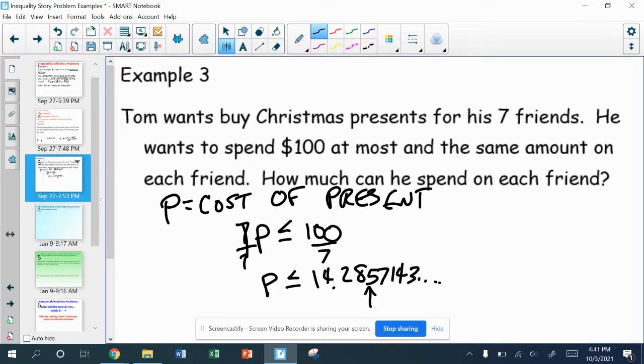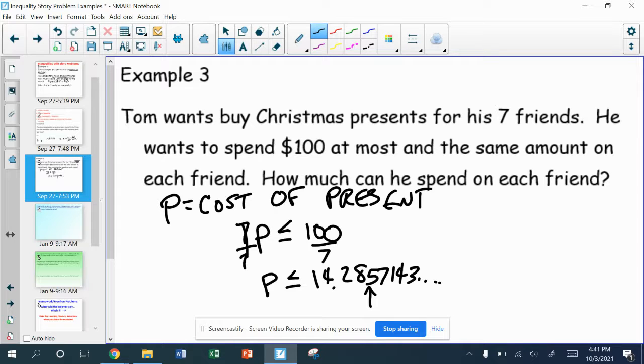However, he doesn't have enough money to round up on all of those gifts. So $14.29 would actually cost too much because, again, handy dandy calculator, $14.29 times 7 people is $100.03. Now, 3 cents might not seem like a lot, but if you go to the store and you're 3 cents short, they're probably going to say, sorry, put something back.